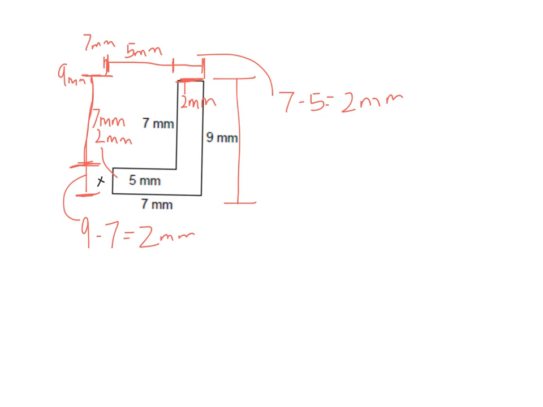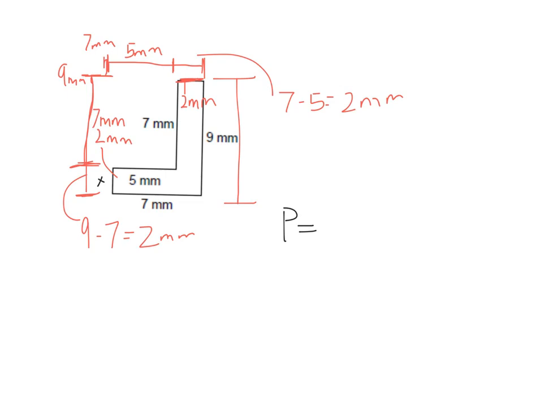So now I know all my sides because I found that this side here is 2 millimeters and this one's 2 millimeters. So I have 2, 9, 7, 2, 5, and 7. So I write my equation. P equals, going clockwise from the closest to the center I can get. That first one is 2.